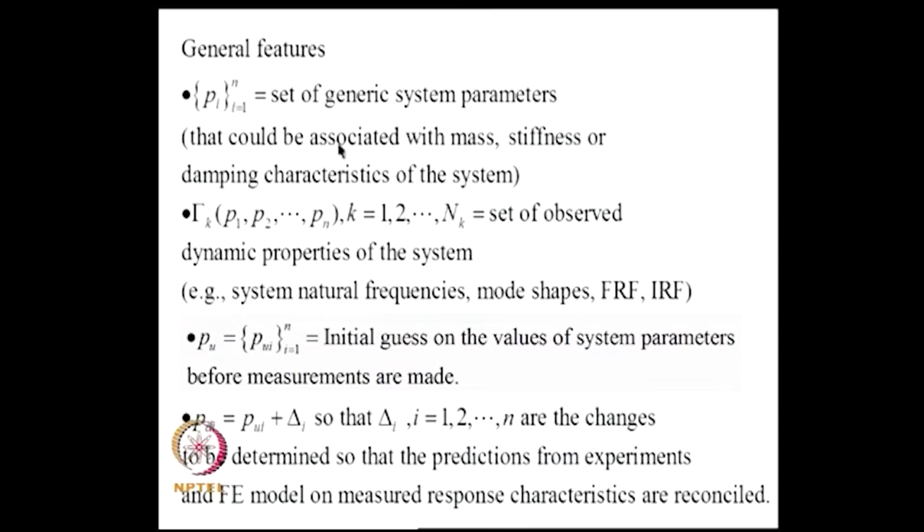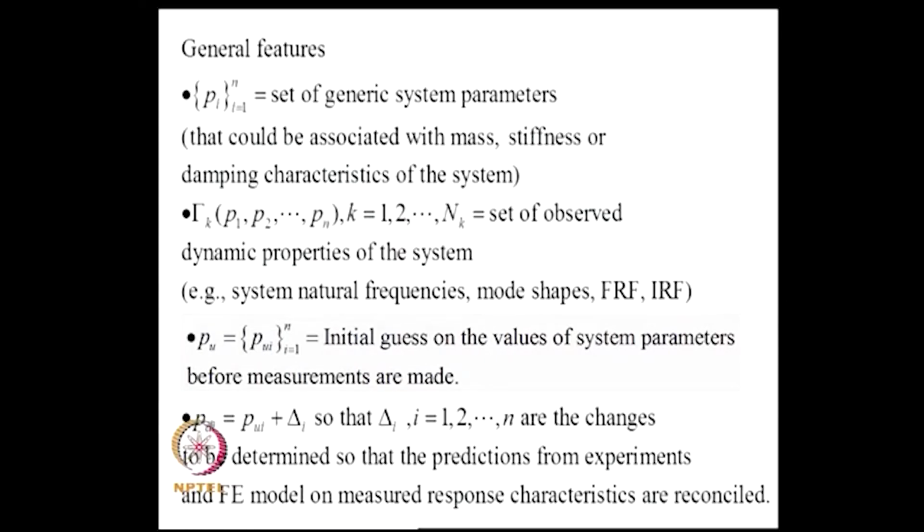This could be associated with mass, stiffness or damping or even forcing characteristics, and all these have been parameterized. And we have a set of n_k observed dynamic properties of the system, gamma_k, for example, system natural frequencies, mode shapes, frequency response functions, impulse response functions, etc. These are obviously functions of the system parameters P1 to Pn.